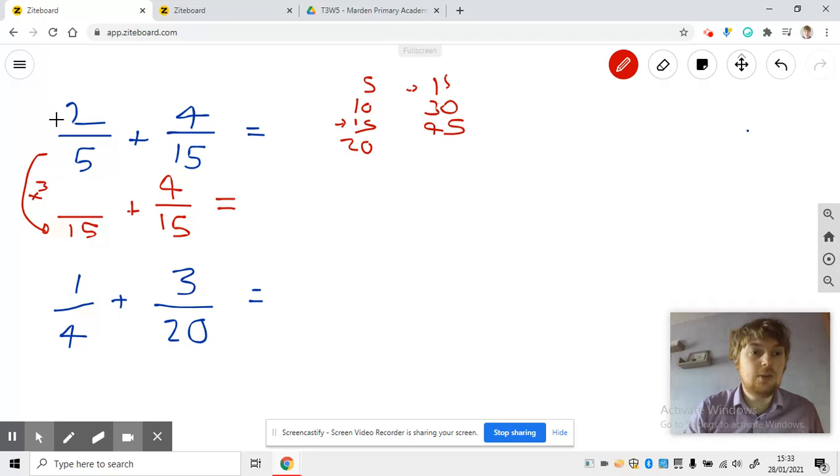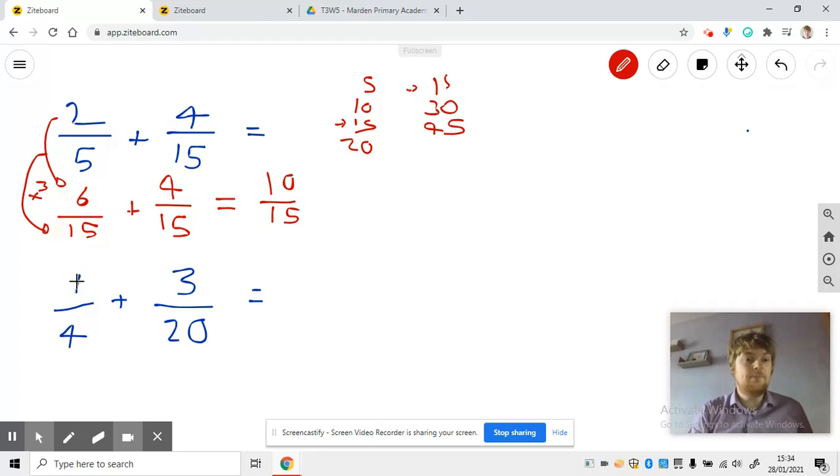And because I multiply that by 3, the rule, whatever I do to the denominator, I do to the numerator. Therefore, I have to multiply this 2 by 3, which gives me 6. I can therefore quite simply do, as you were doing yesterday, 6/15 add 4/15 is 10/15. So far, so good.